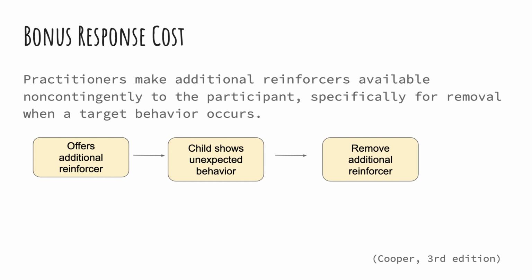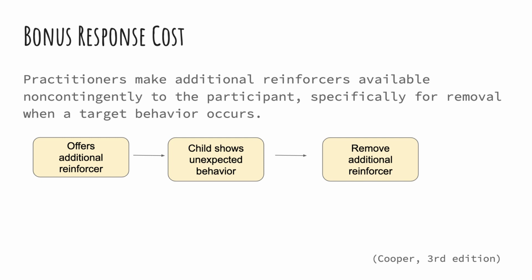To illustrate this, let's consider a classroom scenario where a teacher implements a token economy system to reinforce positive behaviors. In this system, students earn tokens for completing assignments on time, participating actively in class discussions, and demonstrating respectful behavior. These tokens can be exchanged for rewards such as extra recess time or small treats.